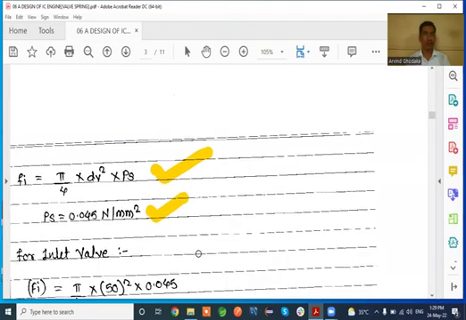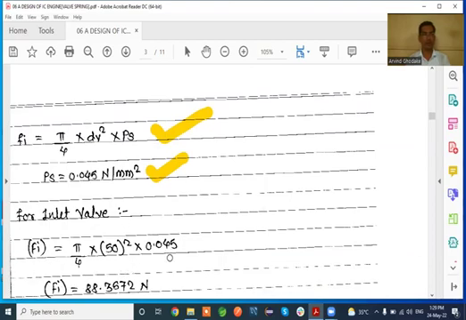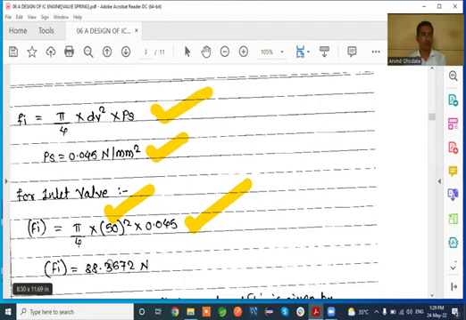For the inlet valve, Fi is pi by 4 dv square into Ps, where the diameter is 50 mm and Ps is 0.045 Newton per mm square. So for the inlet valve, the force Fi is equal to 88.3572 Newton.